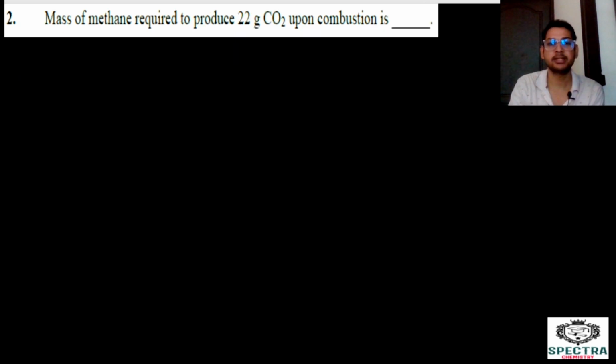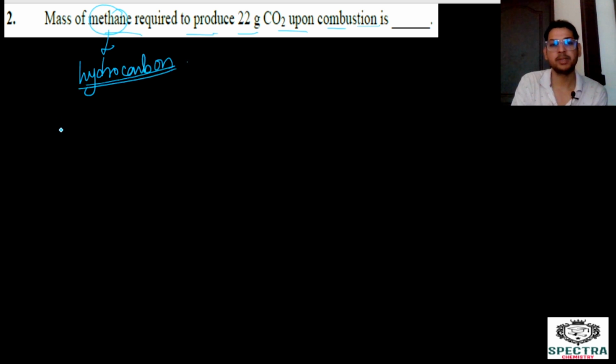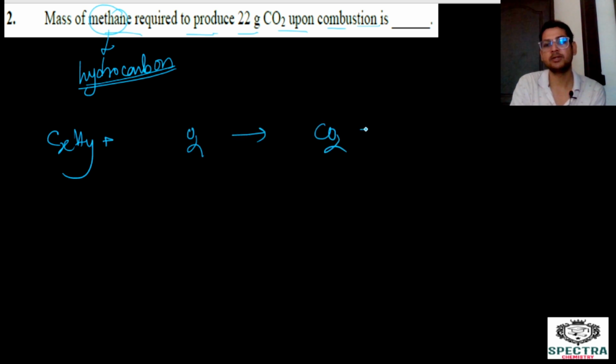In the next question, what is given? It is given: mass of methane required to produce 22 gram of CO2 upon combustion. Methane is a hydrocarbon, so I can write CxHy plus oxygen gives CO2 plus H2O. I have solved this question from class 11 also.